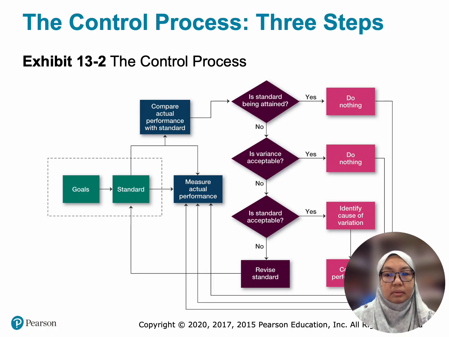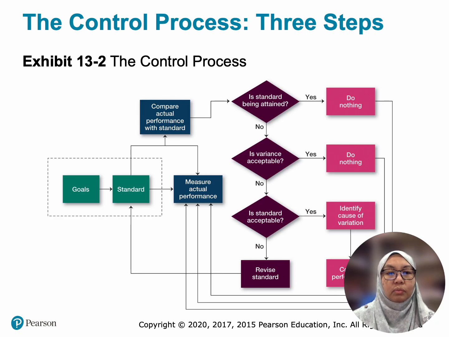This is basically how the control process happens: the organization sets the goal and then sets a standard of what the employees should do and what managers should be supervising.